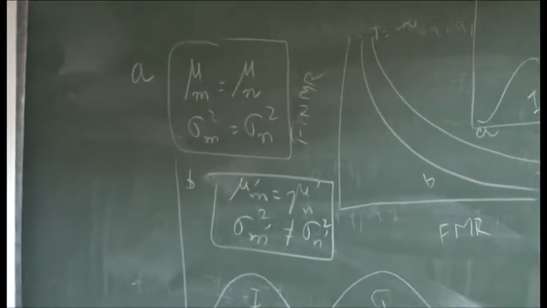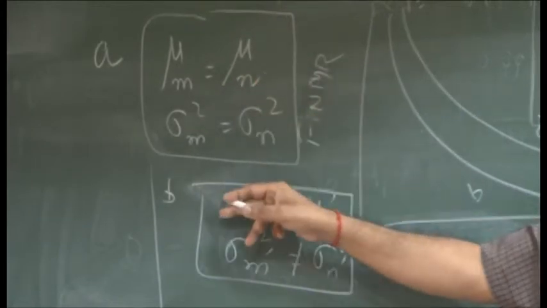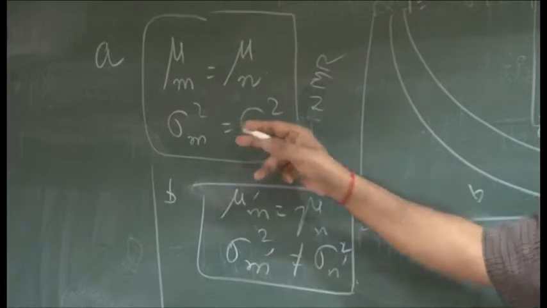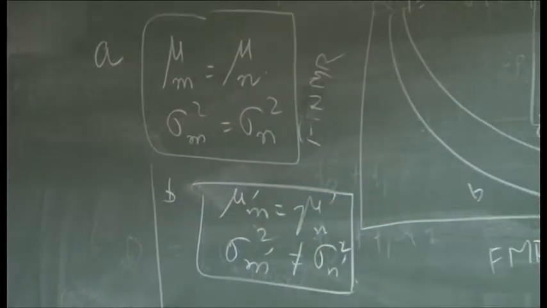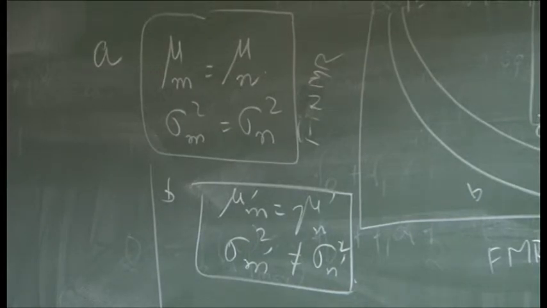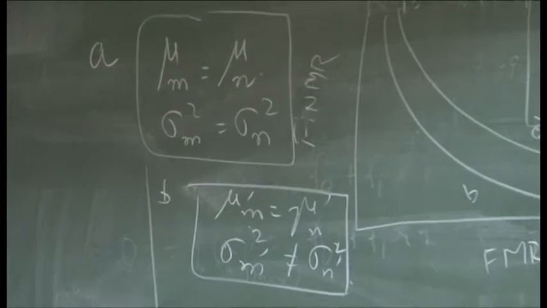So both of them have the same mean. The mean of genuine equals the mean of imposter, and here the variance of genuine and variance of imposter are the same, but it is not the case.